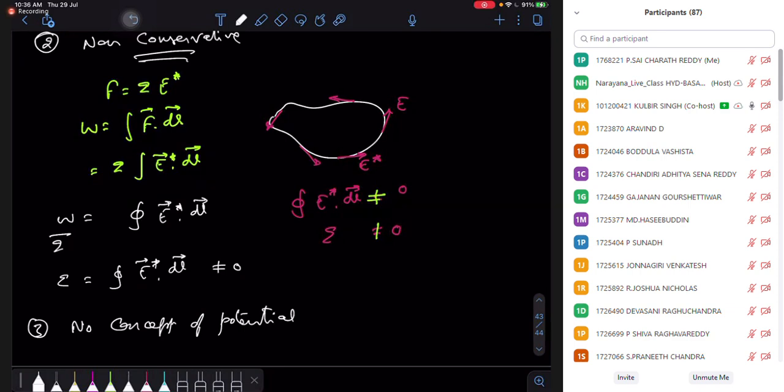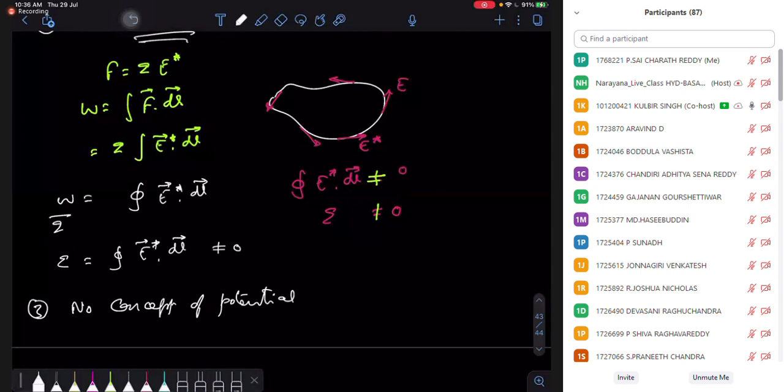When I say potential, I mean potential energy per unit charge. Potential energy means it can save the work. The concept of potential is coming because of the saving nature. So no concept of potential here means no saving of work.